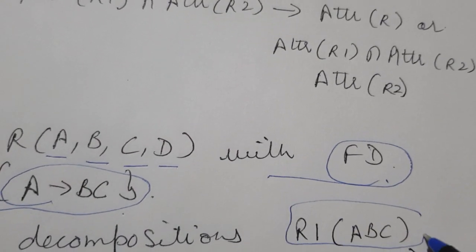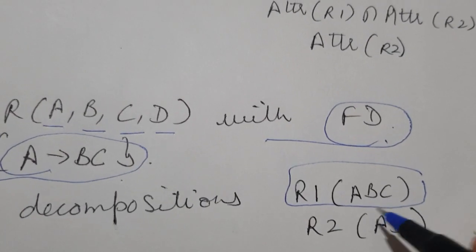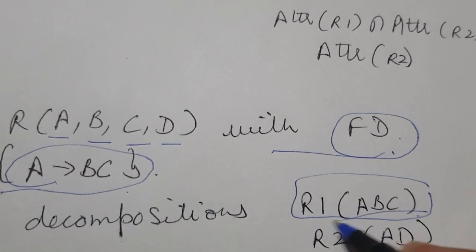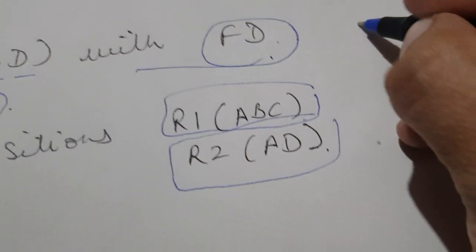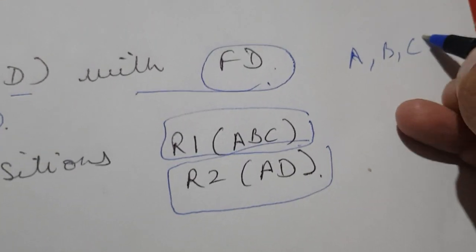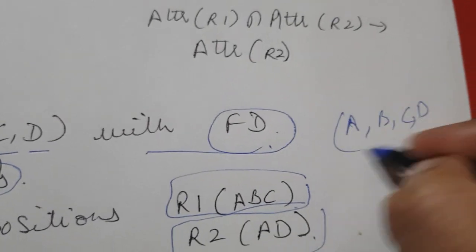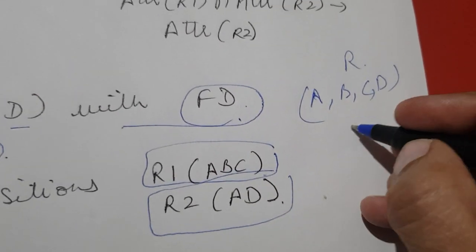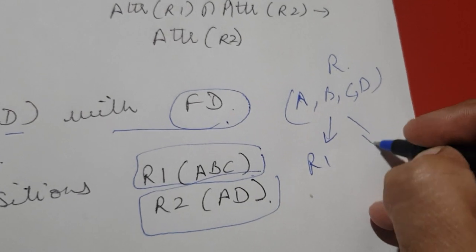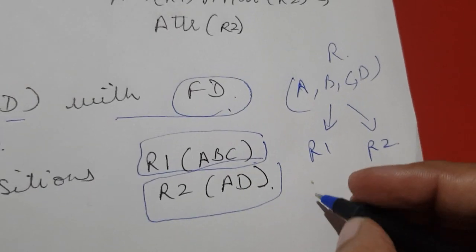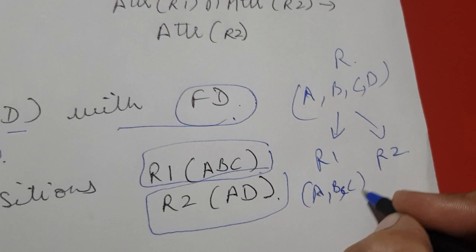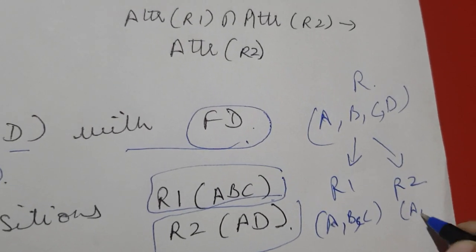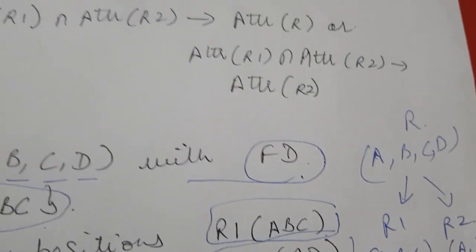The first decomposition is R1 with attributes A, B and C, and R2 with attributes A and D. This is the original relation R with A, B, C and D, and from this we get two decompositions R1 and R2, where R1 consists of A, B and C, and R2 consists of A and D.